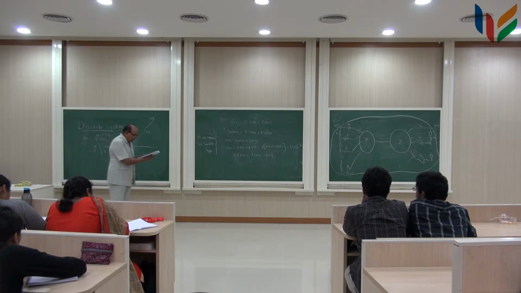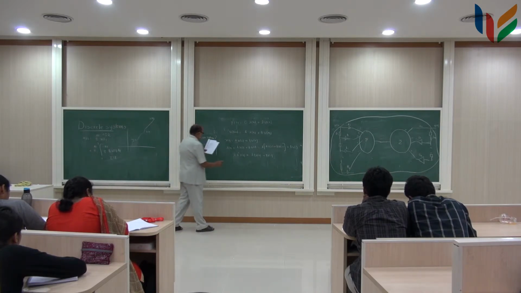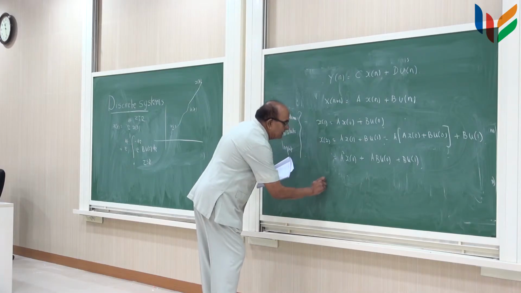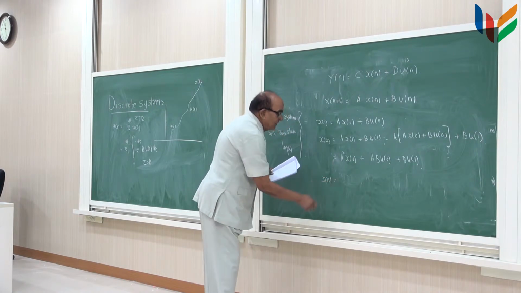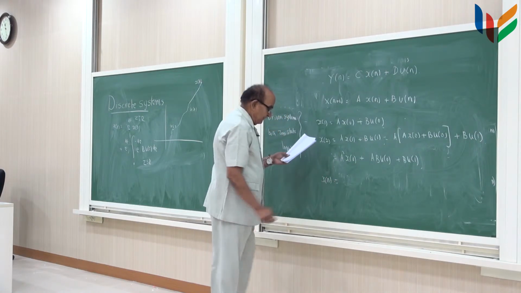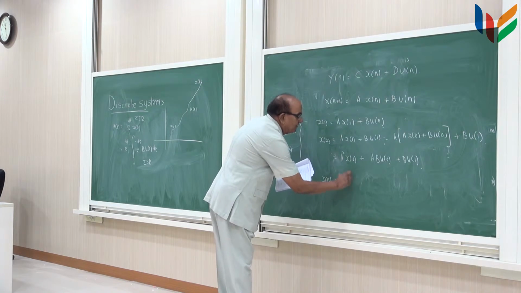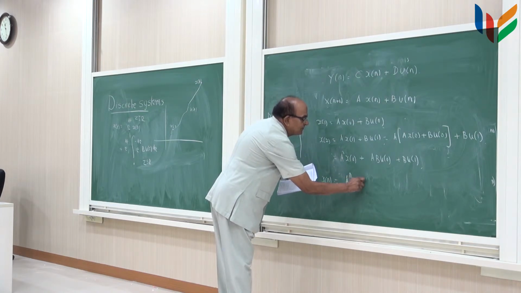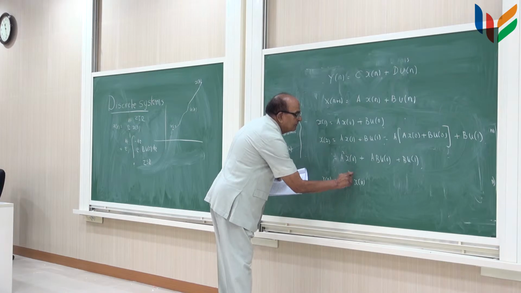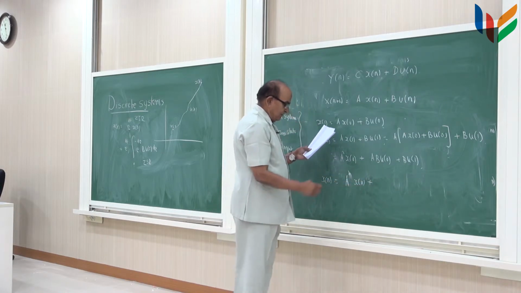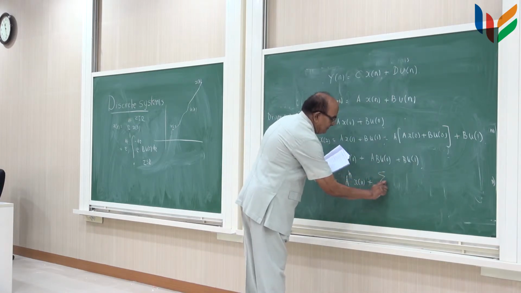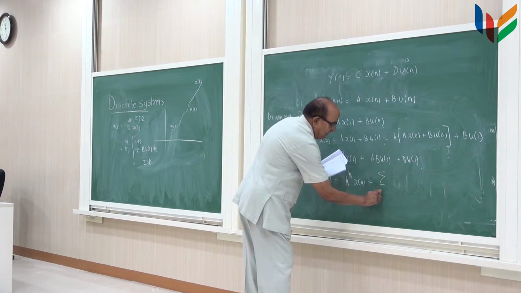Like this we go on, you get xn equal to response due to both input and the initial condition, A to the n x0 plus sigma k is equal to 0 to n minus 1.